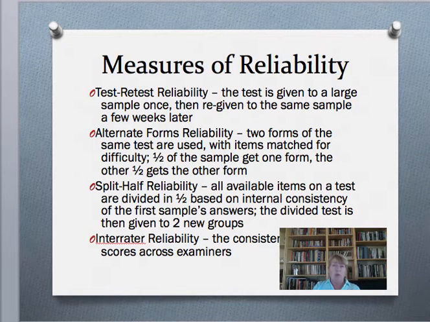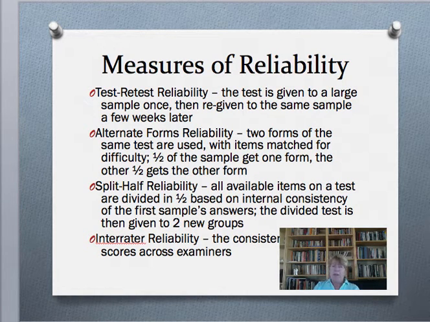So our y-axis, our vertical axis, would represent scores on the test time one. And then we wait a couple of weeks, usually not more than 2, maybe 3. We wait 2 or 3 weeks and we give that same group the test again. And so it's the same exact test, same group of students, and our horizontal axis would represent the test scores time 2. And then various formulas are used to calculate how those scores correlate.